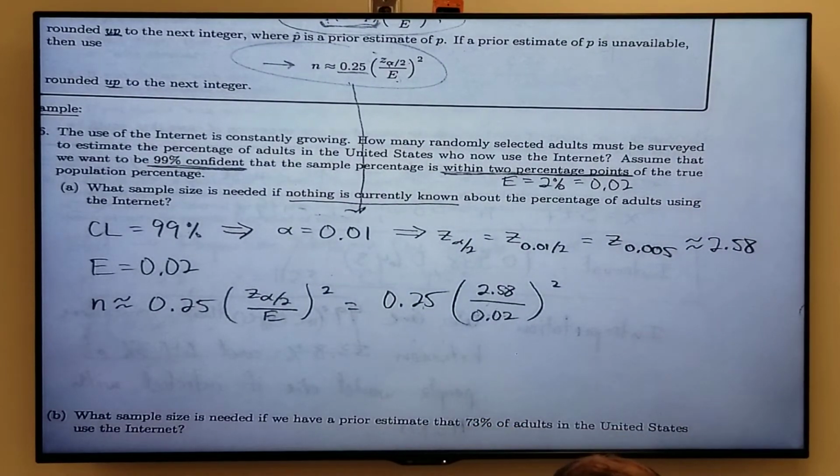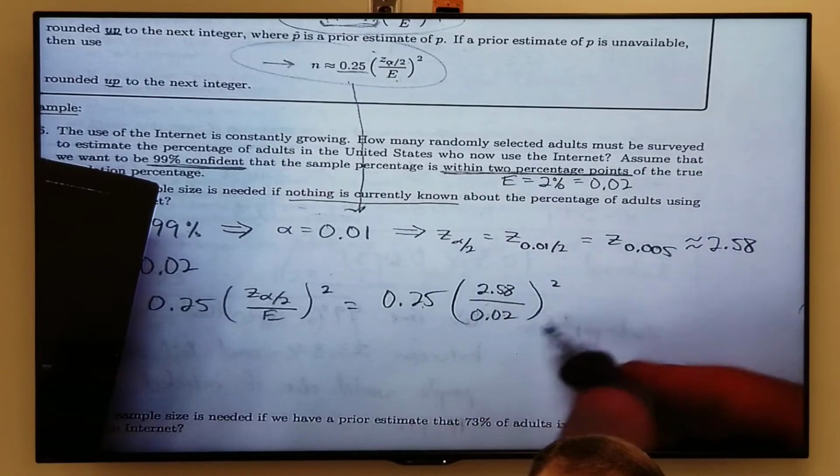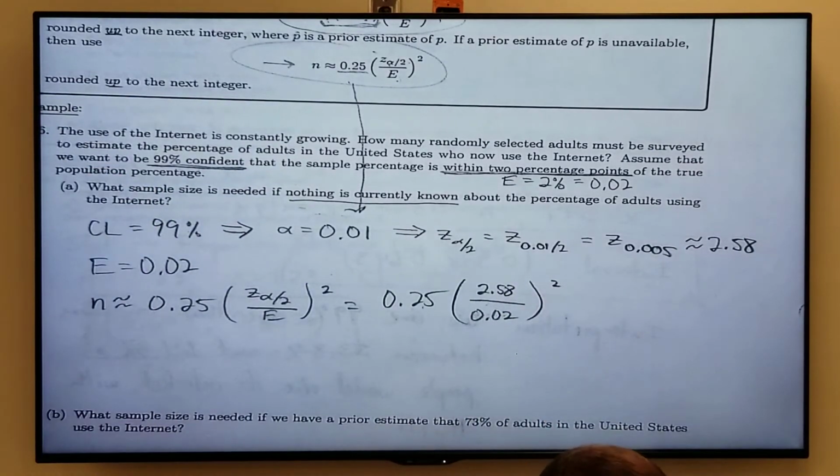Okay, let's see what we get. Type it into your calculator exactly the way it looks. Use parentheses around the fraction before you square it. So I'm going to say 0.25 times, open parentheses, 2.58 divided by 0.02, close parentheses, squared.